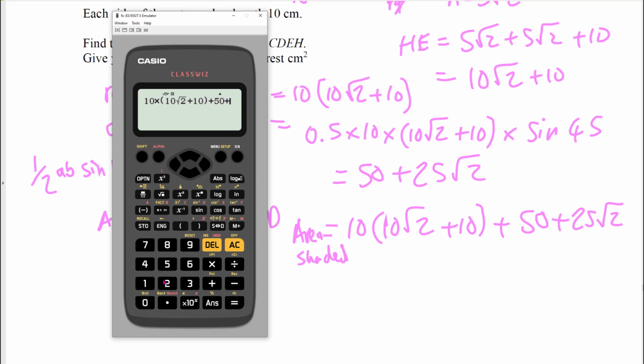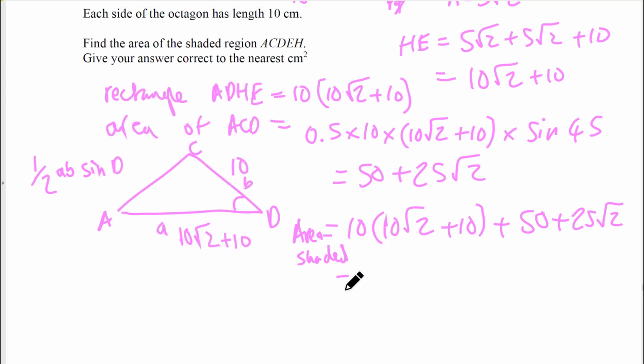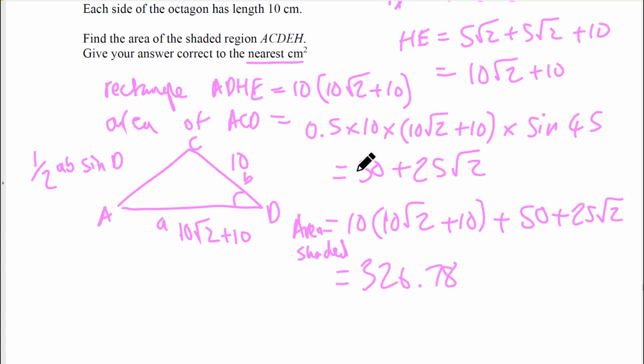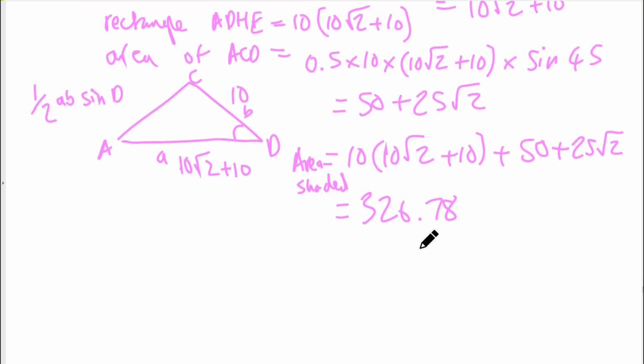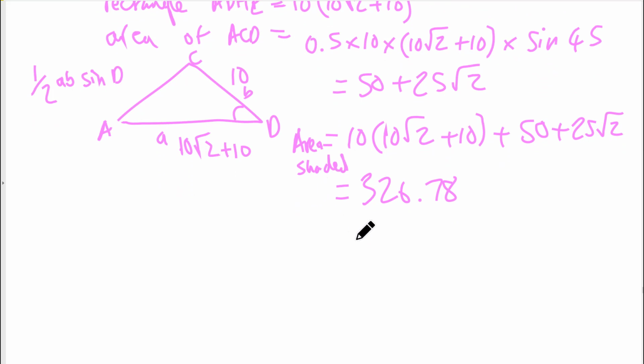Plus 50 plus 25 root 2, that equals 326.78. It does say to the nearest centimetre squared, so you could have rounded these numbers up earlier if you wanted to, so that equals 327.